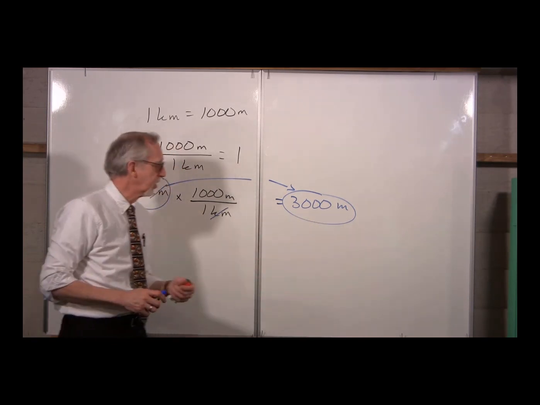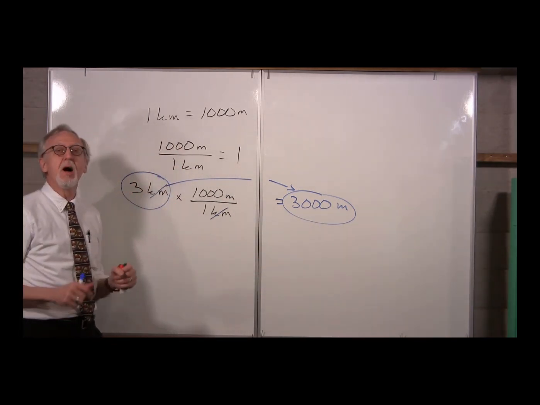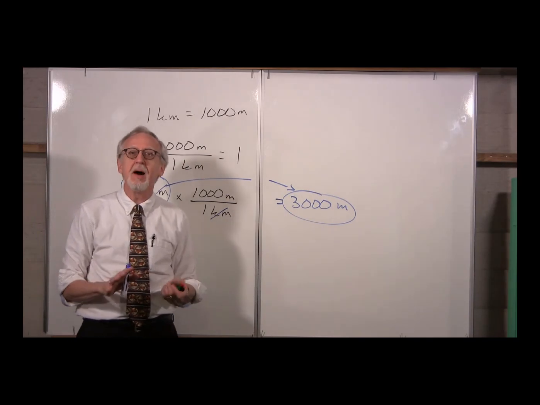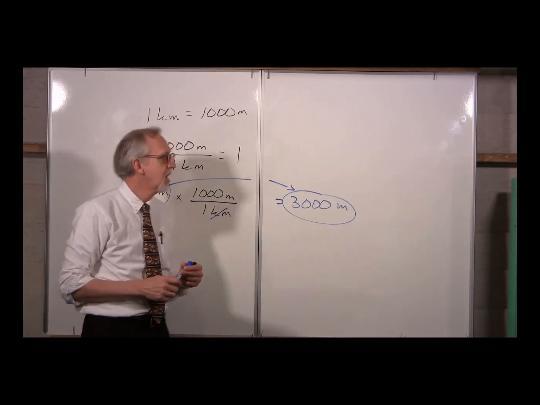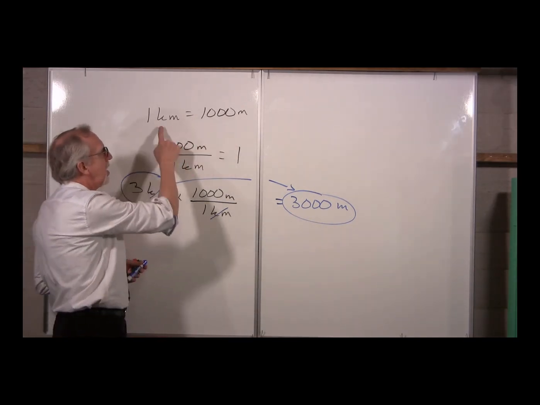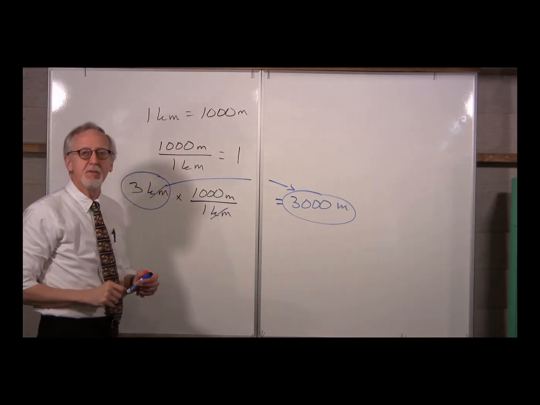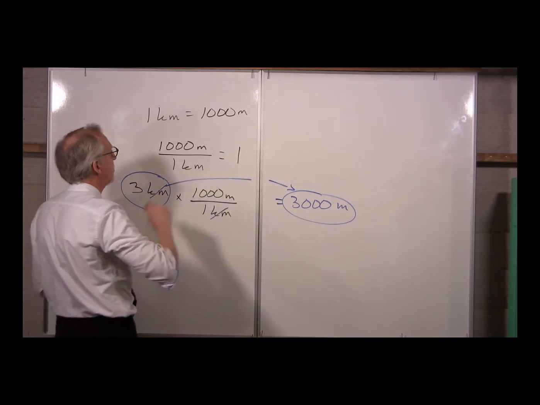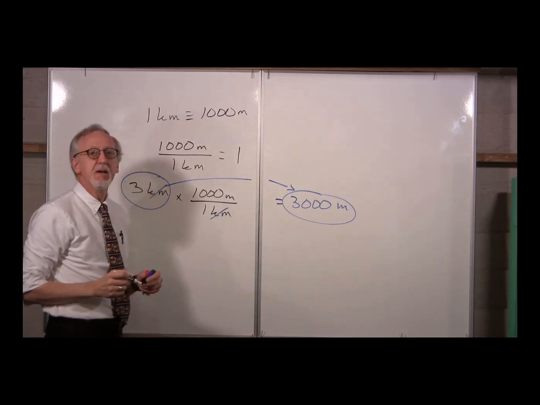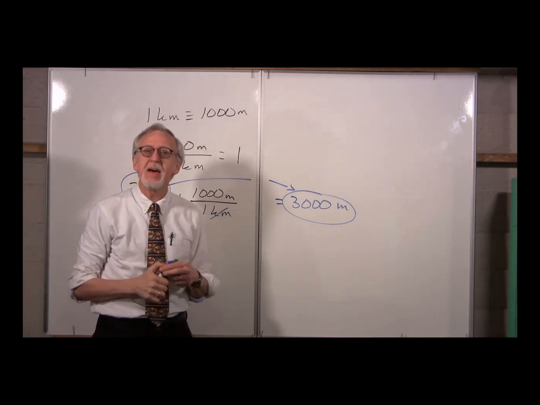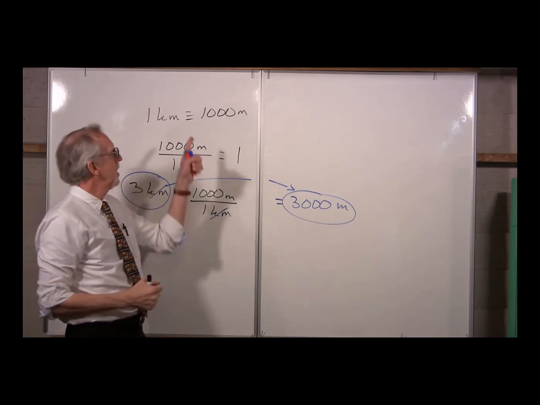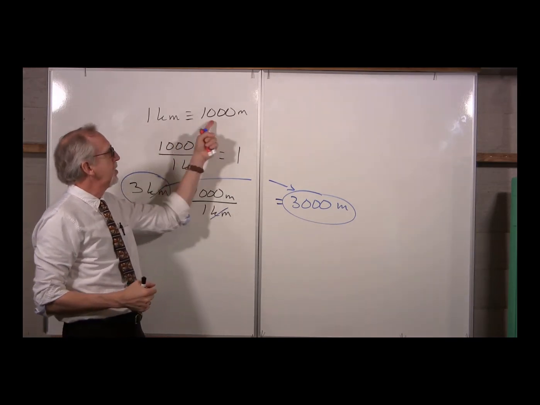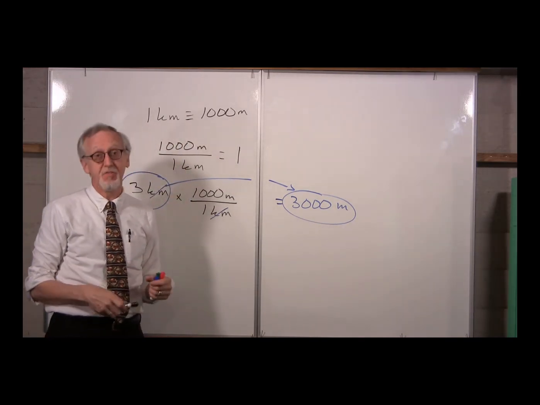Okay, very good. Now, this is an example of where we're actually talking about exact values. This equality, 1 kilometer equals 1,000 meters, is a definition. Sometimes definitions are actually written with 3 lines in the equal sign. That's a definition, and that means that these values are exact values.